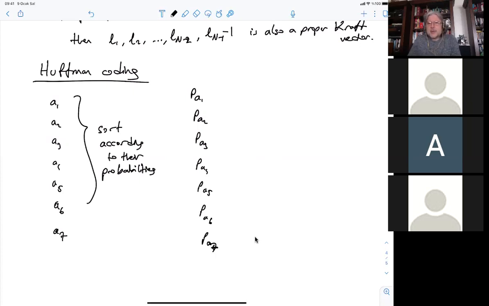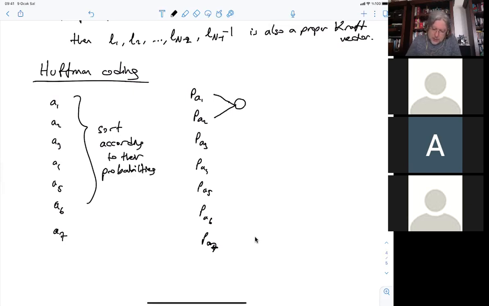Now, these probabilities, of course, may be... probability of A1, I'm assuming that it's the smallest, but you have to sort accordingly, of course. Let's assume that A1's probability is the smallest, A2's is the next smallest, and the highest probability is A7, okay? So I just join these two branches, and I come up with a node.